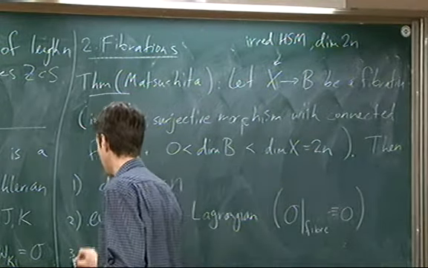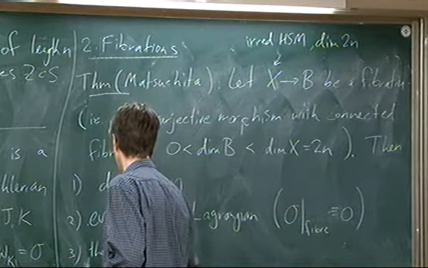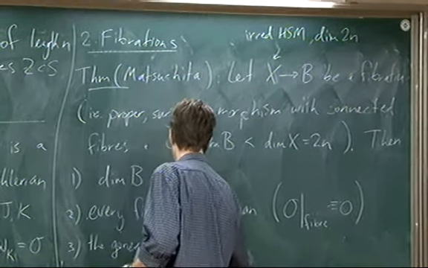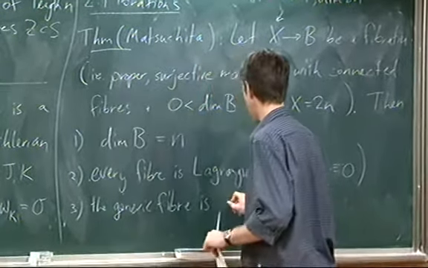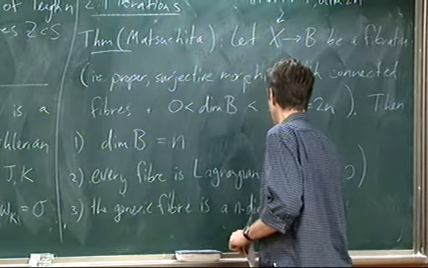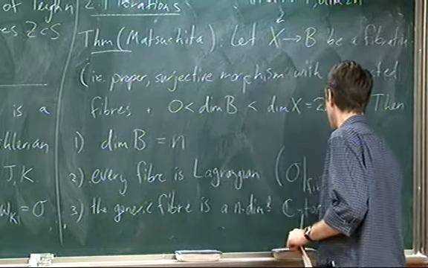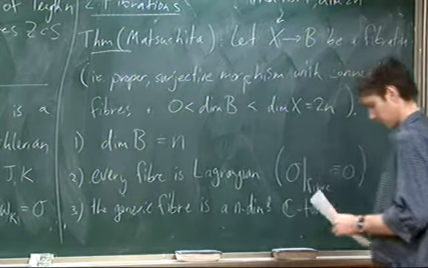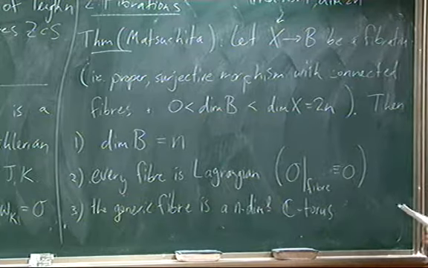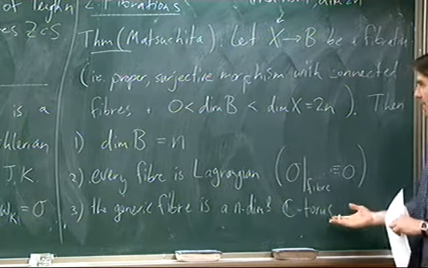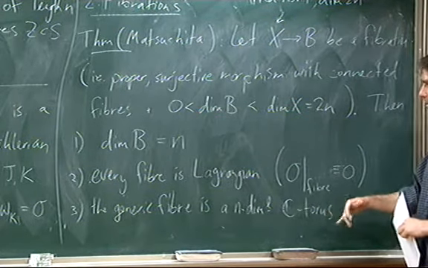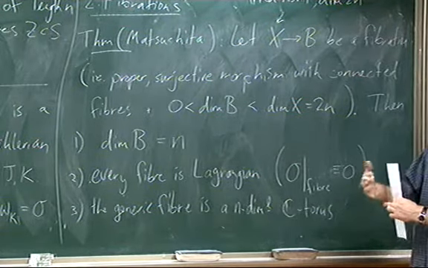And finally, the generic fiber is an n-dimensional complex torus. And then, as I was saying, there'll be some singular fibers as well. They occur in codimension 1 over the base.